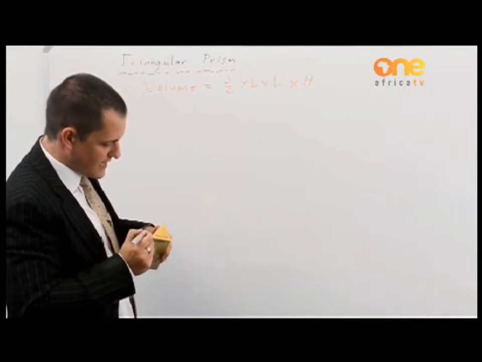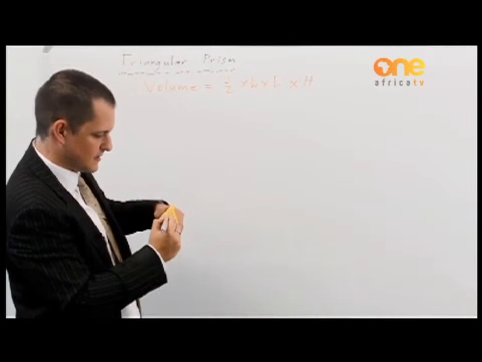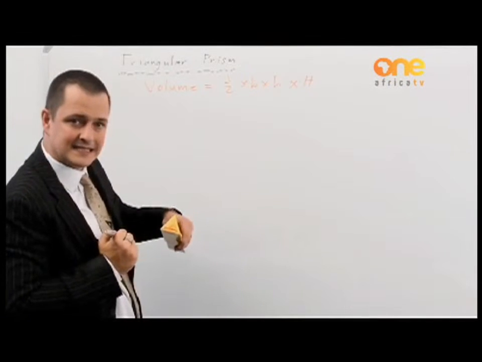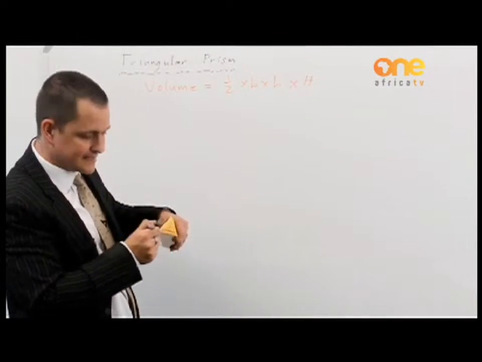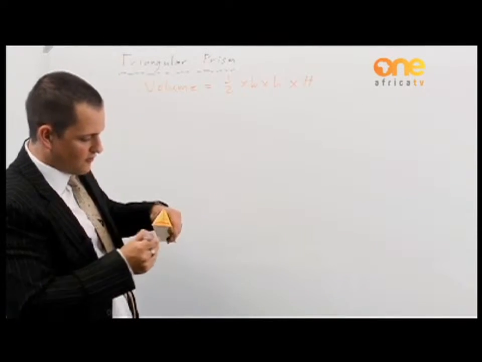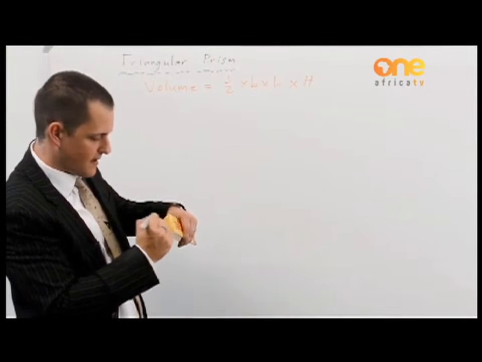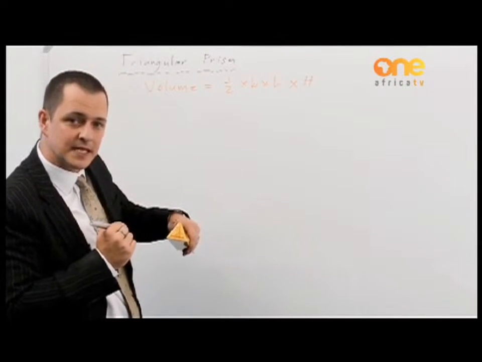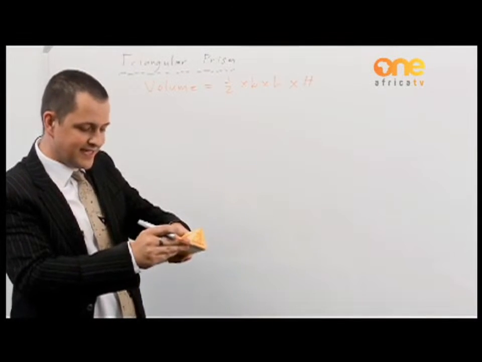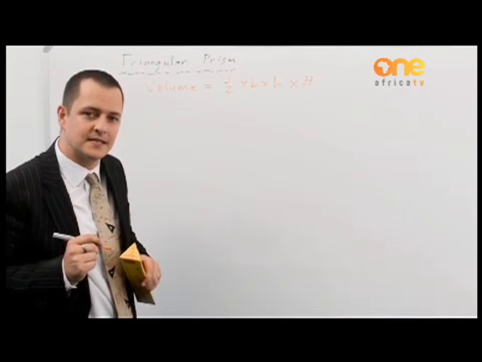So I have already measured that this horizontal distance was 6, and that is 6 centimeters. And this vertical perpendicular height was 5 centimeters. The depth of this was 30.5 centimeters.